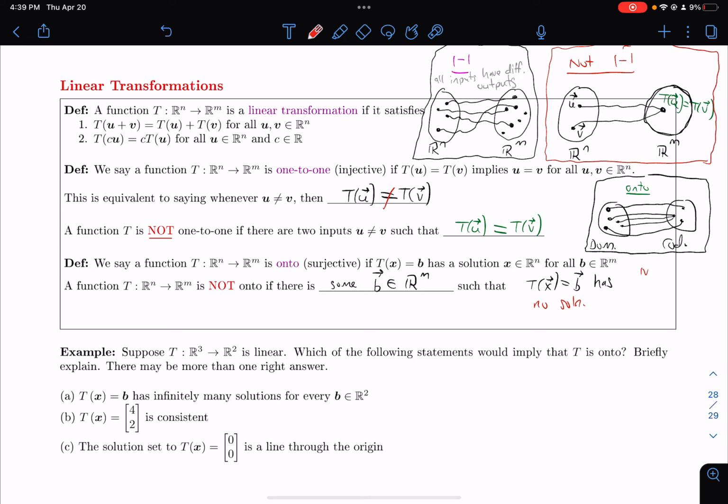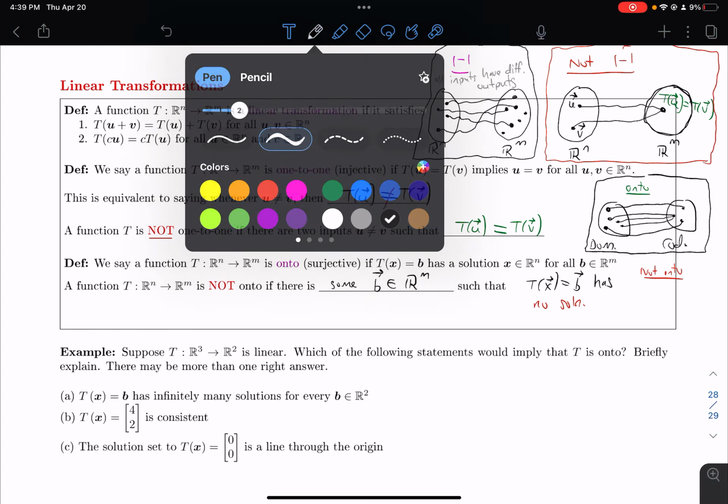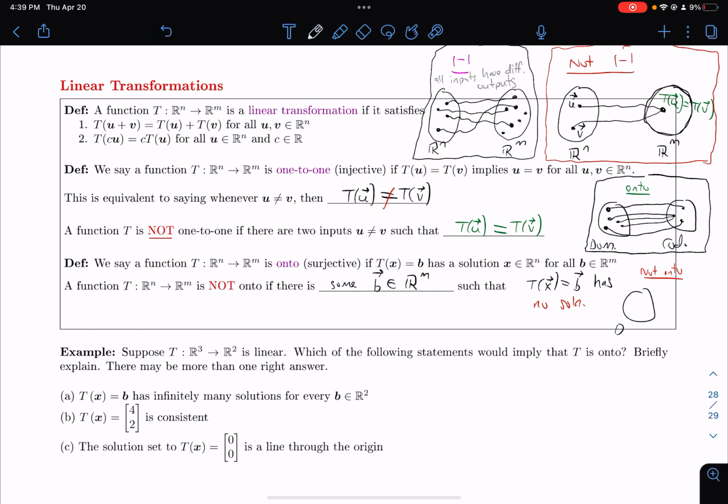So a not onto picture, something that would not be onto: if I draw a circle for the domain and a circle for the codomain, with a couple of codomain vectors, maybe there's some codomain vector that never gets reached. Maybe there's something that reaches the first one, something that reaches the second one, maybe there's nothing for the third.